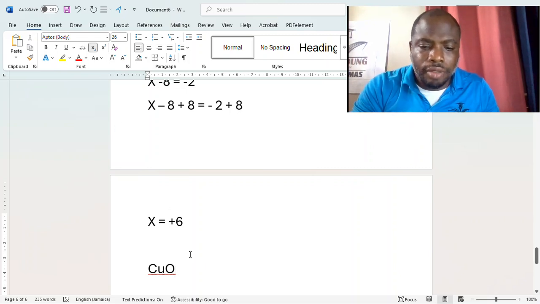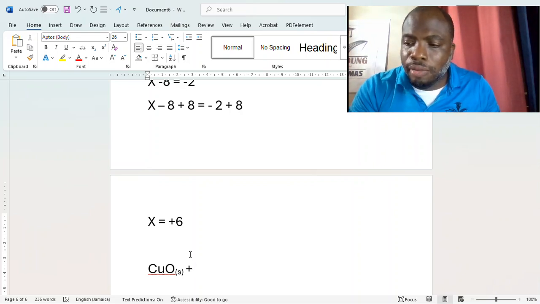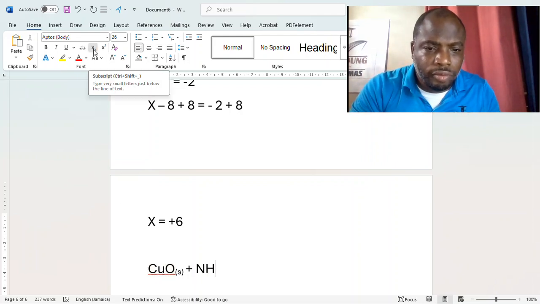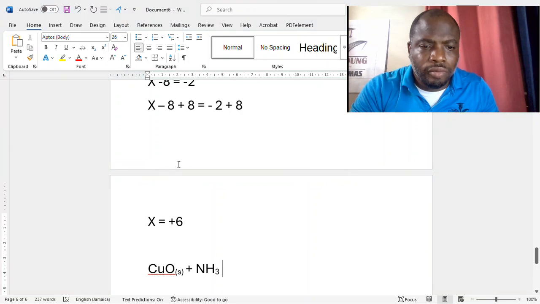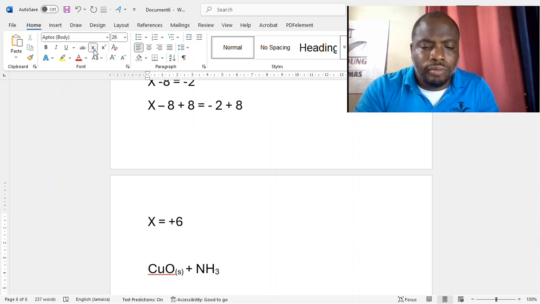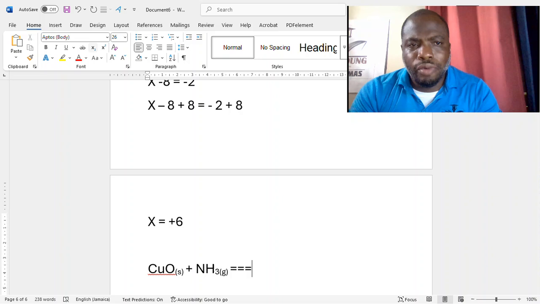So we have copper oxide plus ammonia. We know ammonia is a gas. As I said before, just with the ease of working in the Word document, I could put the arrow, but sometimes the arrow, when we're moving and putting in values, creates a little problem.